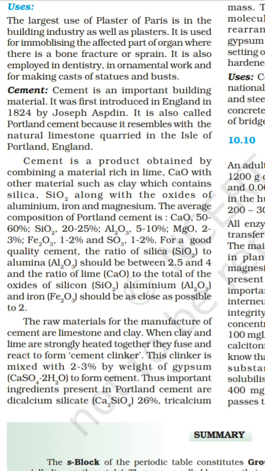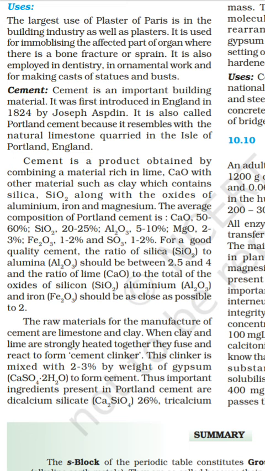Cement is a product obtained by combining material rich in lime, CaO, with other materials such as clay, which contains silica, SiO2, along with the oxides of aluminium, iron and magnesium.